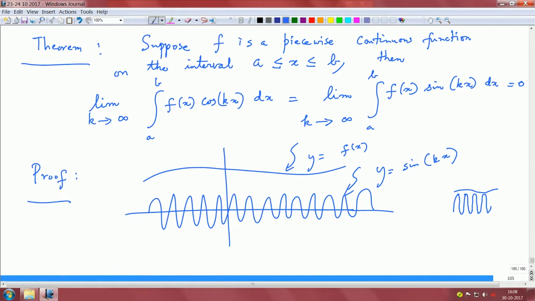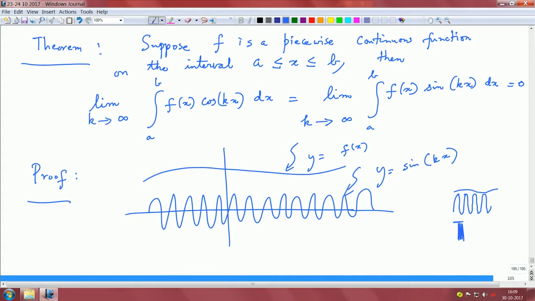Between two peaks the function is nearly constant, as if it is piecewise flat. This is the idea.